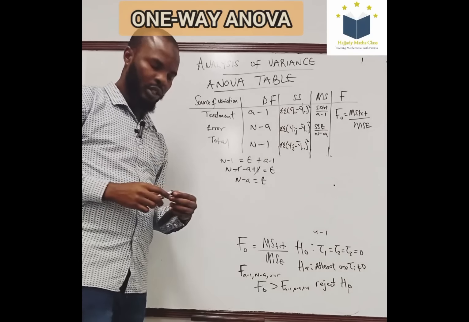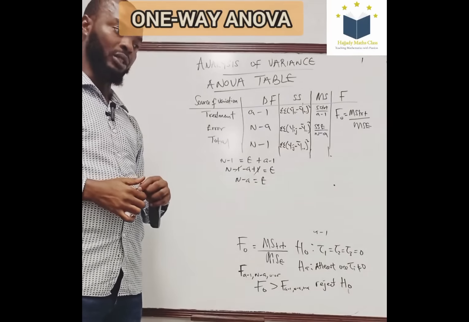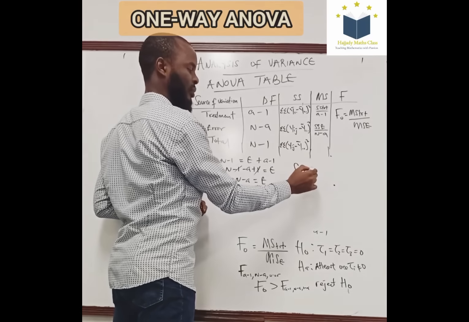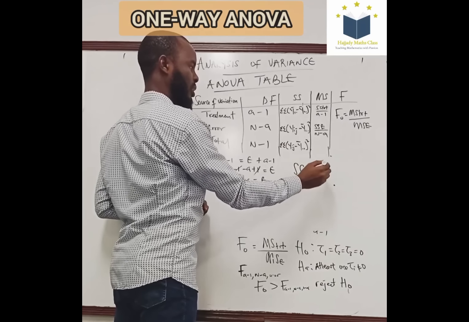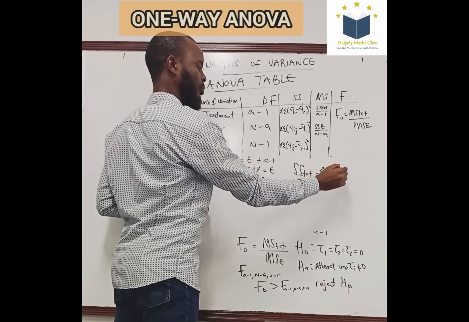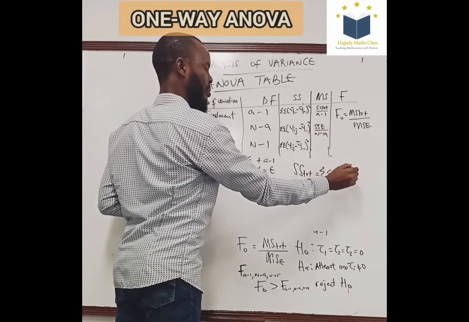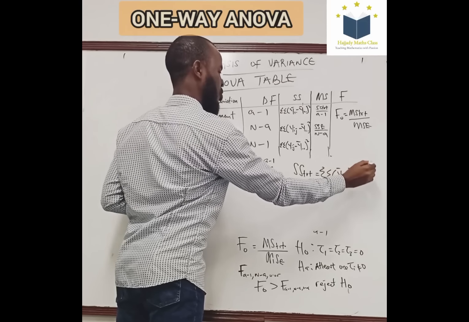Although, for calculating the sum of squares for treatment, we have an alternate formula. Here I'm saying SS treatment is the same thing as the double sum of yi dot bar minus y dot dot bar, all squared.